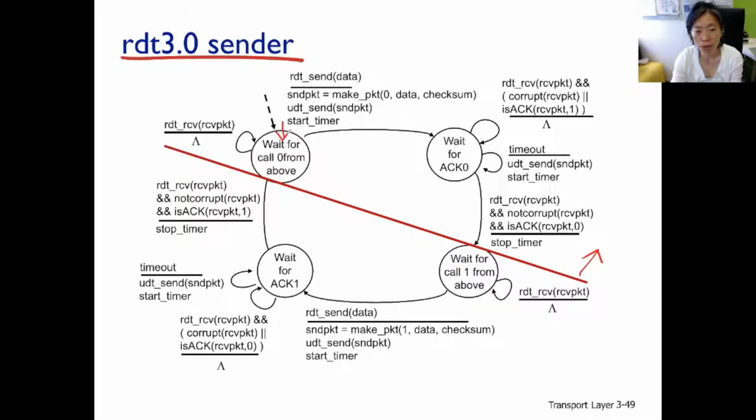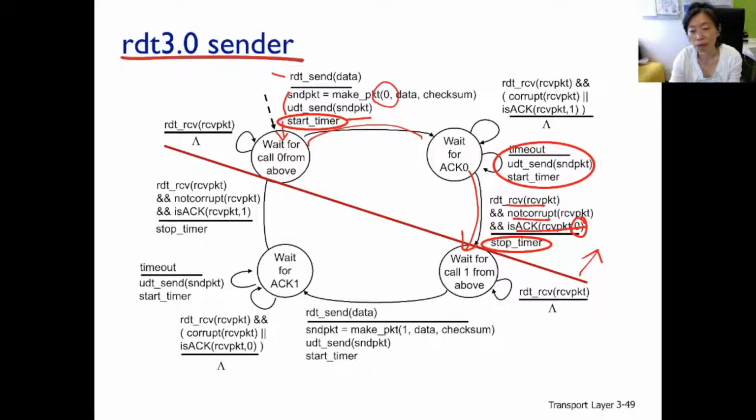Starting from the initial state, get a call from above, generate the packet, starting from sequence number 0, and we have this timer stuff, starting a timer. And this is the transition next. If everything is going smoothly, receiving an ACK, it's not corrupted, and it's indeed ACK for 0, then stop the timer. Now, if things don't go all that well and the timer expires, then retransmit the packet and start the timer again because we just sent the data again, so the timer needs to be refreshed.